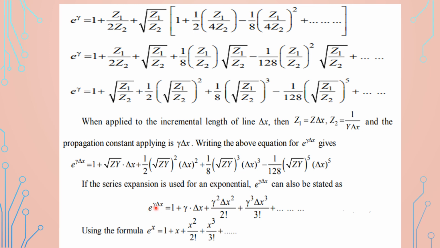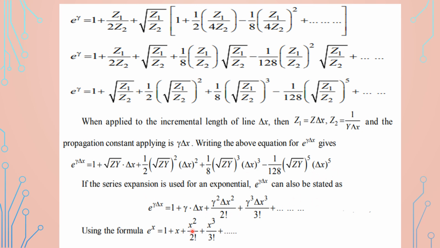So e power gamma del x is 1 plus, I'm replacing this with gamma into del x. In this term, I'm writing gamma square, and here, instead of this one, I'm writing gamma cube and so on, with del x square, del x power 3, del x power 5 as it is.